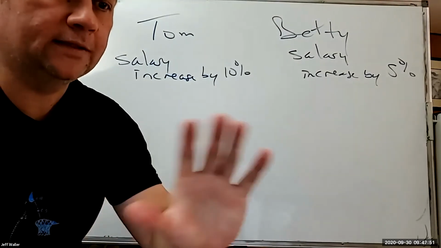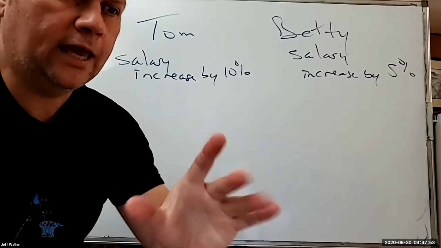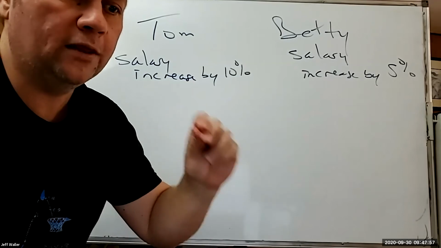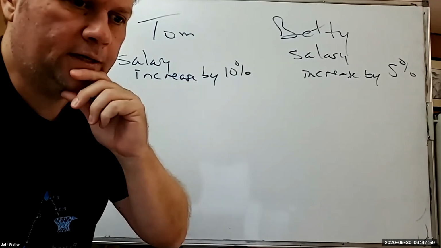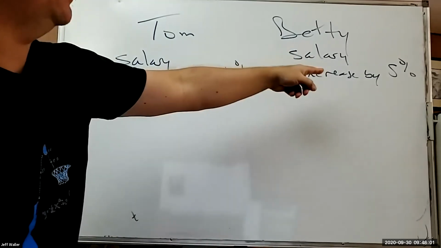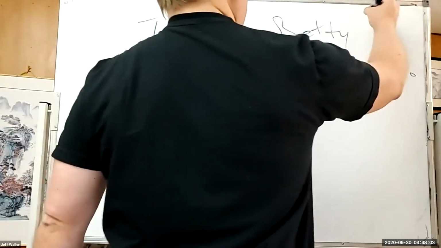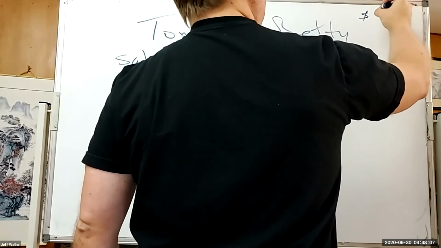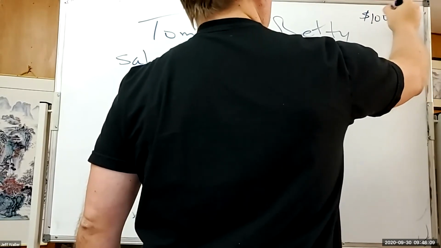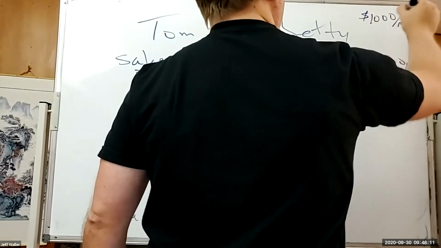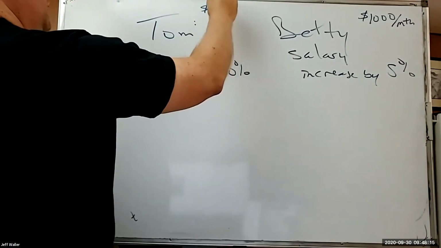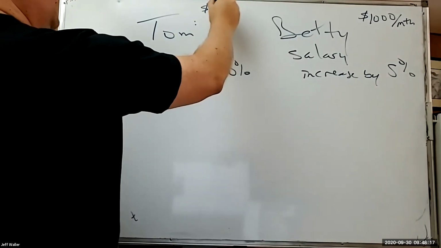Okay, so everybody gets that basic idea. I can't just say, well, that's bigger than that, so I know who's making more money. I got to know where they started. Let's say Betty is making $1,000 a month, and let's say Tom is actually only making $800 a month.